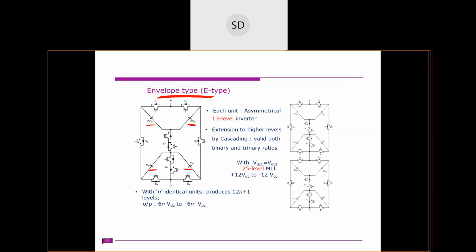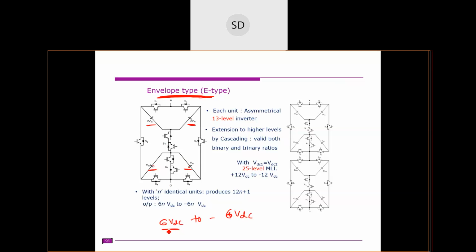Here this is 4 VDC and this is 2 VDC. That means it can produce levels between 6 VDC and minus 6 VDC. And the interesting thing is, it can generate both positive and negative half cycles, and it doesn't require any polarity generator.